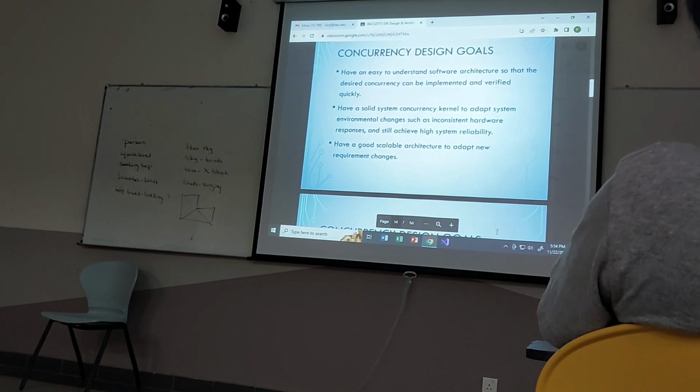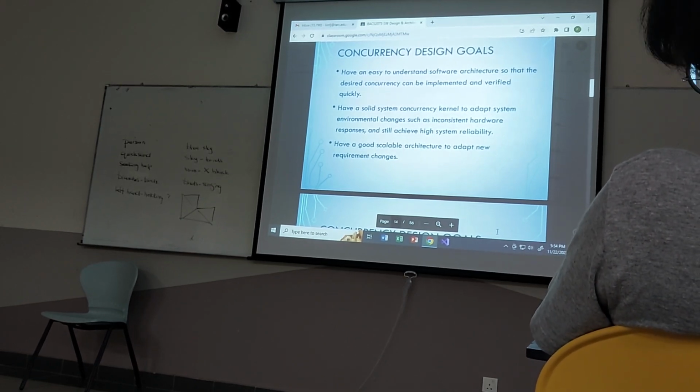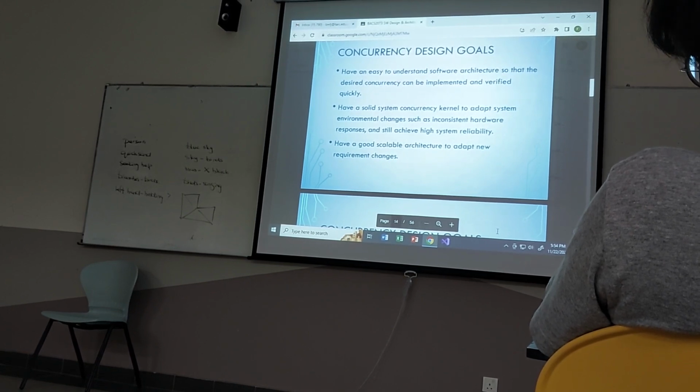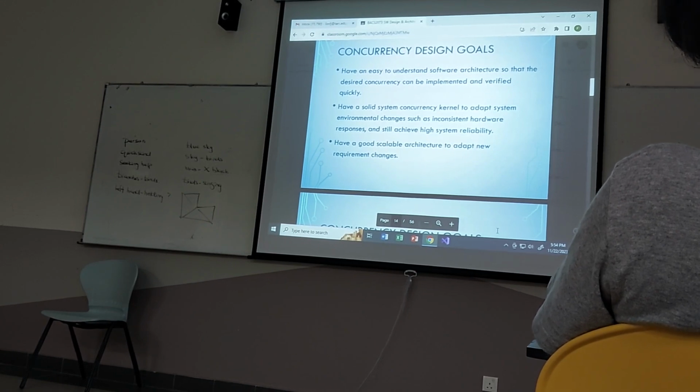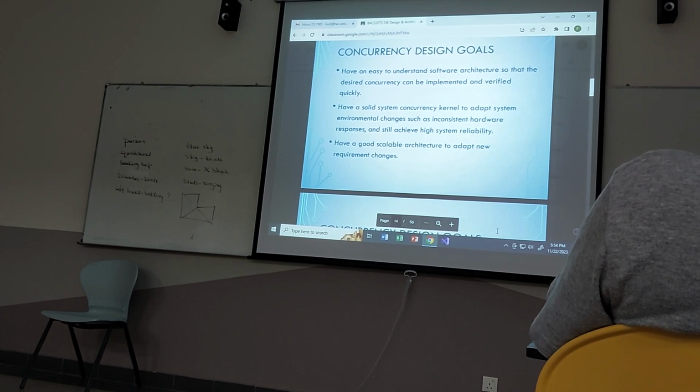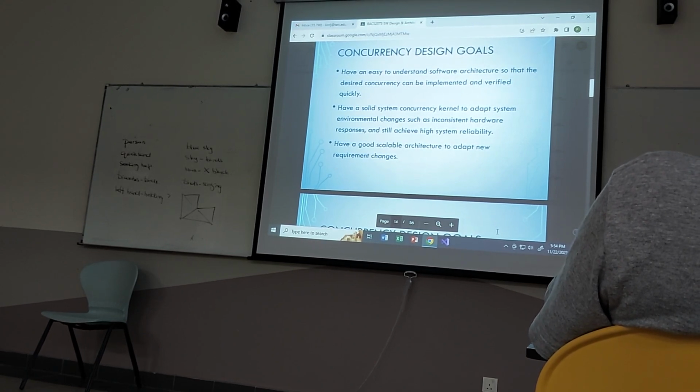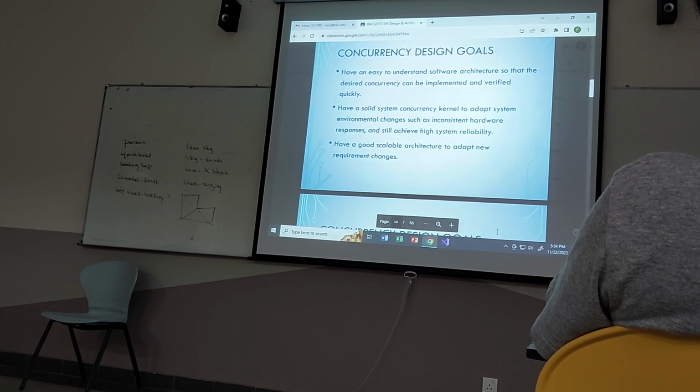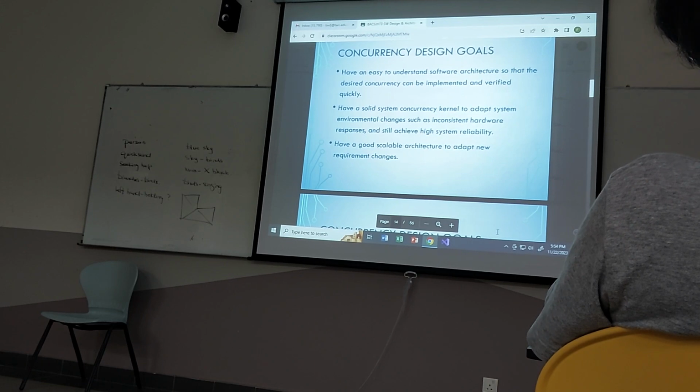Concurrency design goals. When you want to design a concurrent system, what are the goals you need to meet? Easy to understand, so that the intended concurrency can be implemented and verified quickly. Have a solid system concurrency kernel to adapt to system environmental changes. Have a good scalable architecture to adapt to new requirement changes. So these are the design goals for concurrency.